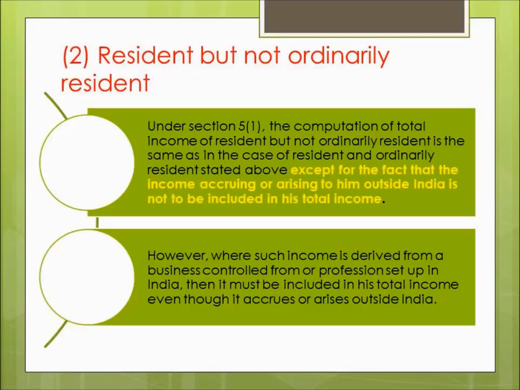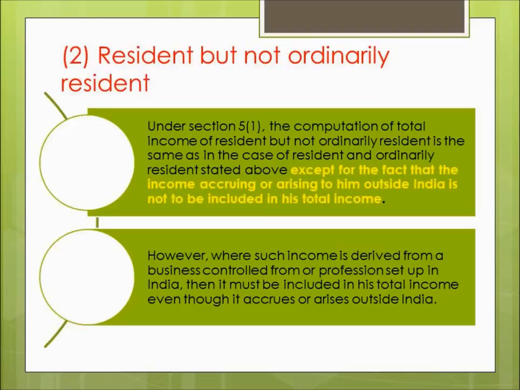One point here is that, however, where such income, that is the income accruing or arising outside India, is derived from a business controlled from or a profession set up in India, then it must be included in his total income even though it accrues or arises outside India. So, if some income is accruing or arising to him outside India from any business or professional setup which is controlled in India, then that income will be included in his total income.